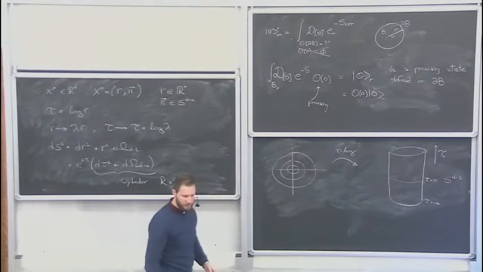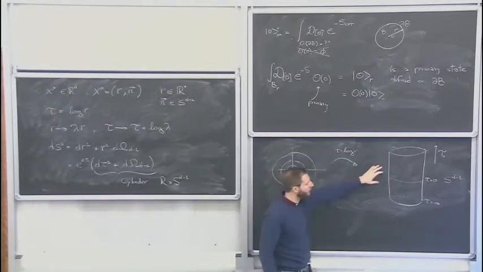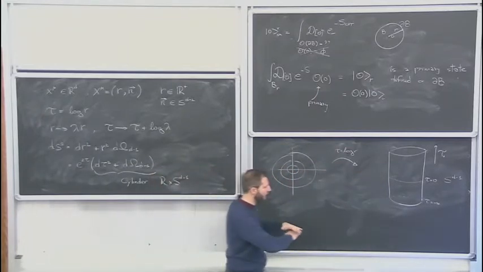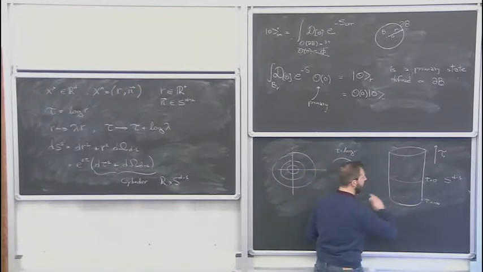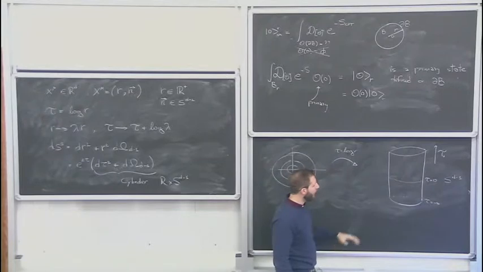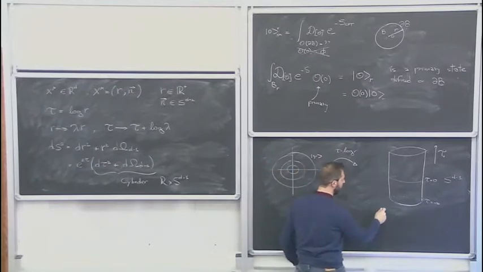This is very nice because it allows us to go back, in a sense, to a more intuitive picture of quantum field theory, where you have a time direction which goes from minus infinity to infinity, and states that here were defined on spheres are now also defined on spheres.